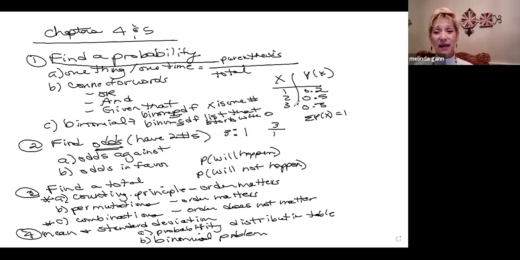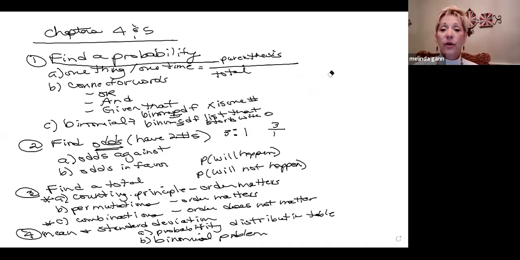And the order you type things in matters if you have an old calculator like mine. The new ones are better, but I'm too cheap to buy one. So on mine, when I'm doing binomial PDF, I've got to type in my N and then my P and then my X. If I type them out of order, it's going to give me an error message.